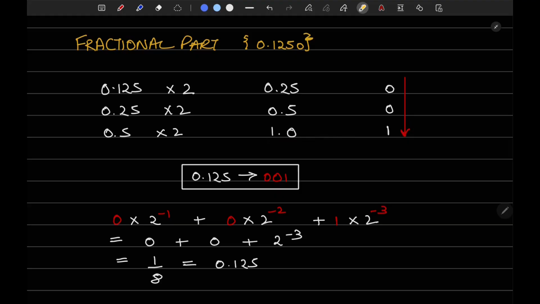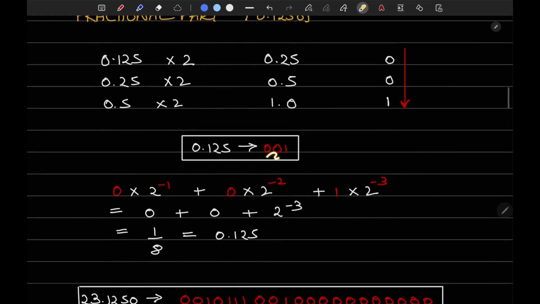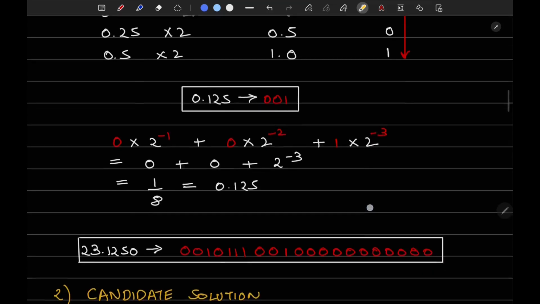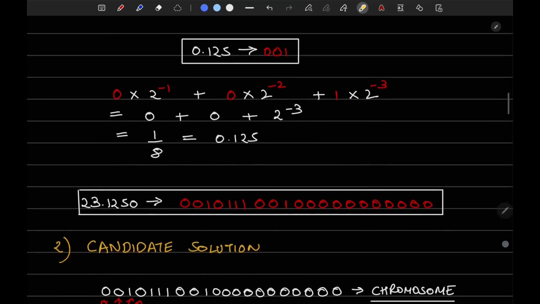And this is the binary representation. Now going back, we just multiply these 0, 0 and 1 with 2 raised to the power minus 1, minus 2 and minus 3, and add it all up, getting 0.125 back. And yeah, this is what 23.125 looks like in binary.